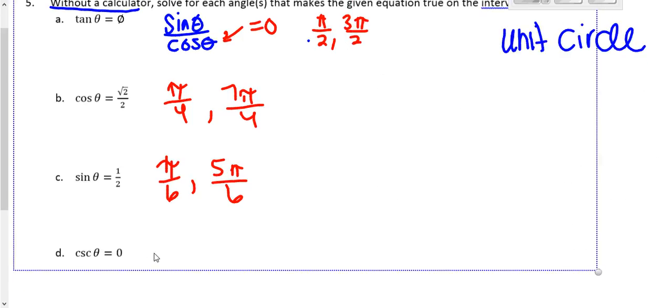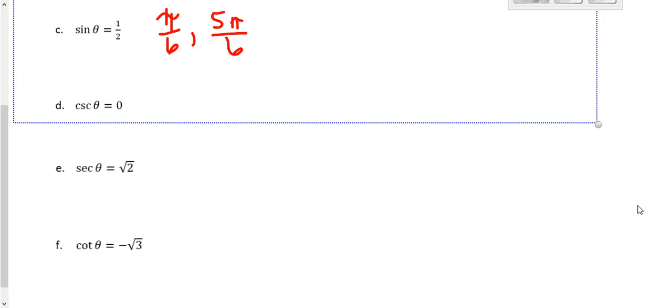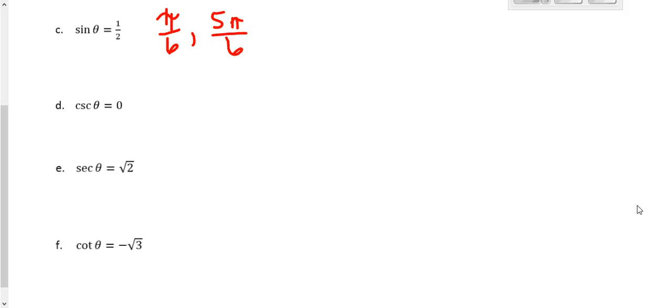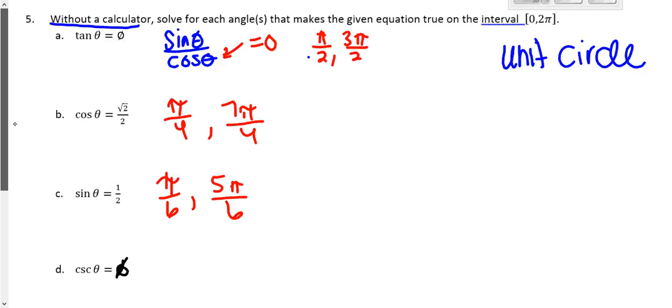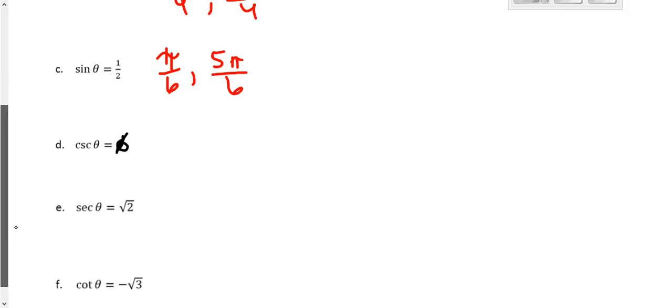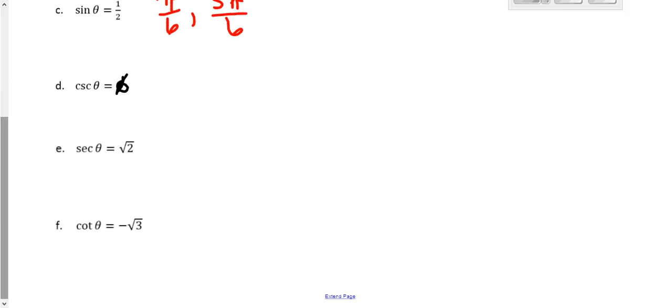Next, D. Looking at cosecant. Now, I have already fixed this on your worksheet. This should be cosecant with a little 0, and then I put a line through it. So this should be undefined, just like the tangent in part A was undefined. So where is cosecant undefined? Well, cosecant is 1 over sine.